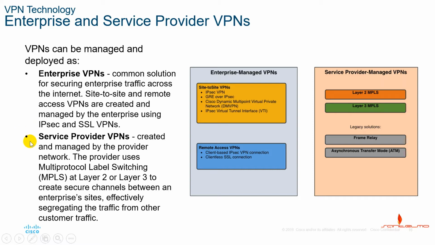On the other hand, service provider VPNs are created and managed by the provider network. The provider uses Multiprotocol Label Switching, or MPLS, at layer 2 or layer 3 to create secure channels between enterprise sites, effectively segregating the traffic from other customers' traffic. The figure here lists different types of enterprise-managed and service provider-managed VPN deployments.